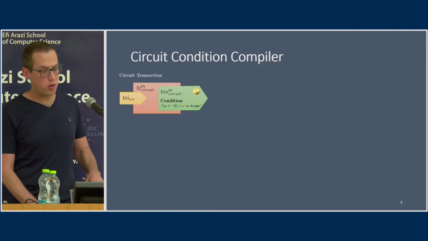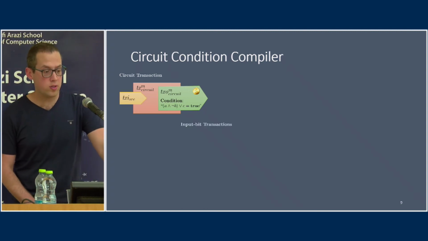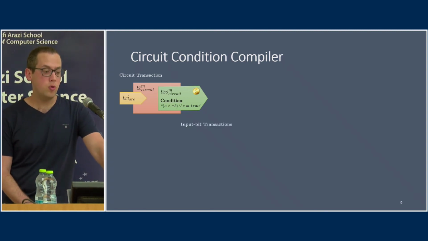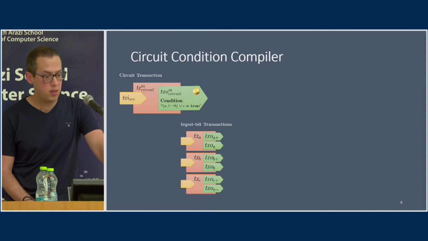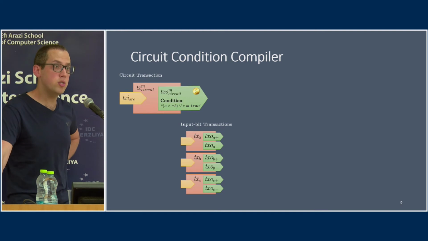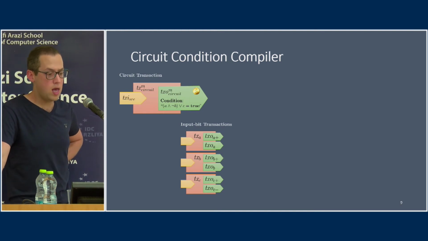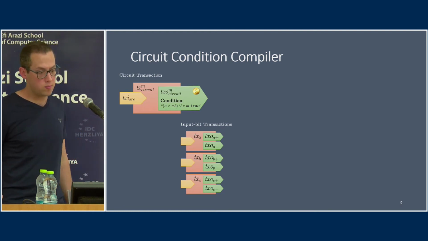This is our original transaction, and it holds the rewards. And we first create input bit transactions, meaning a transaction per each bit, TXA, TXB, and TXC. Each has two outputs, a positive and a negative output, corresponding to the positive and negative Boolean values.